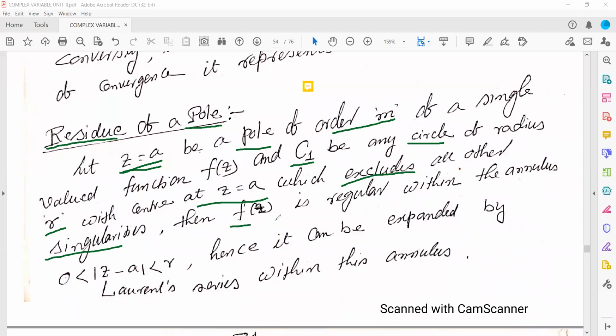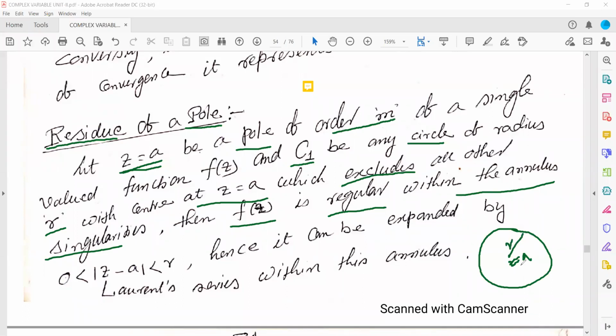Then f(z) is called regular within the annulus region. I have drawn a circle here with center at z is equal to a, and obviously the radius is R.